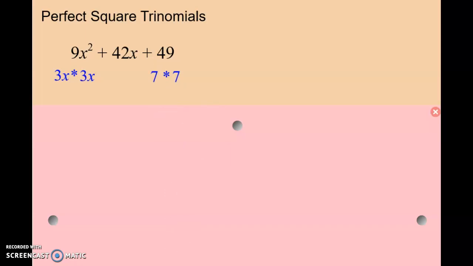If you take a look at the pattern from the last one, we know that we could pretty much go right to the parentheses if 3x times 7, which is 21, times 2 gives me 42, which it does. So here's my two binomials, and that's my final answer.